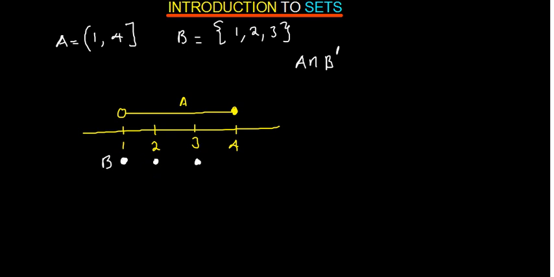The rest are going to be outside B. So at 1 I'm going to put an open circle. At 2 I'm going to put an open circle. At 3 I'm going to put an open circle. And then I'm going to connect these at every point. So here the arrow goes like this. Here the arrow goes like this. This is the set B complement. Because B only has 1, 2, and 3, meaning that anything other than 1, 2, and 3 is going to be outside B. Okay, so that's the set outside B.